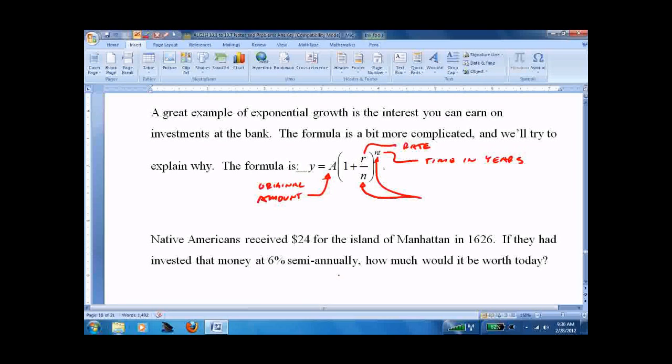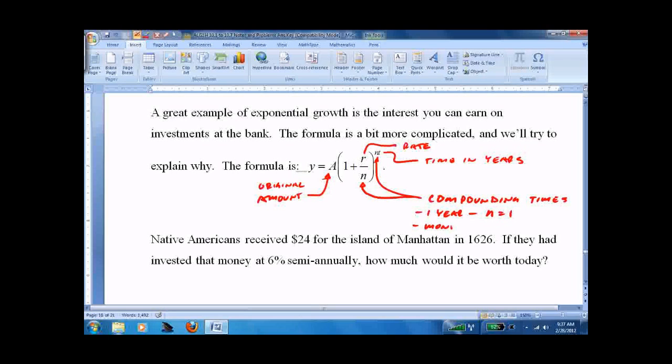Well, the number of times compounded means when do they check? Typically in a bank, since you get monthly statements, it's every month. So we'll call that compounding. So give some examples. 1 year, n equals 1.